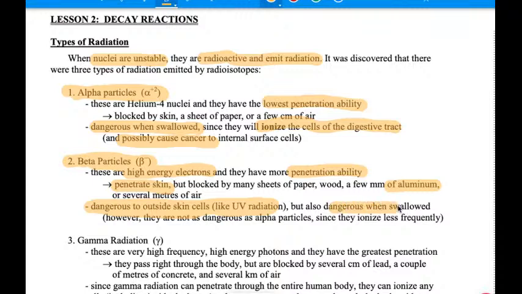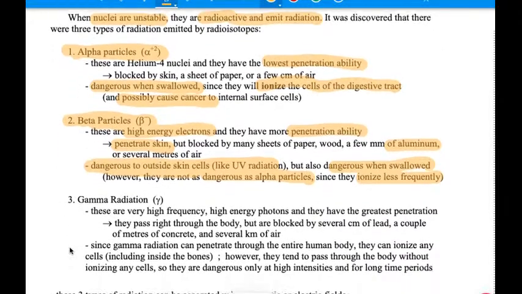It's also dangerous when we swallow it, because it does have, again, this charge to it, but not as dangerous as alpha particles. Less frequent ionization, right? We only have a -1 rather than a +2. So lower charge, lower potential to ionize those digestive tract cells.